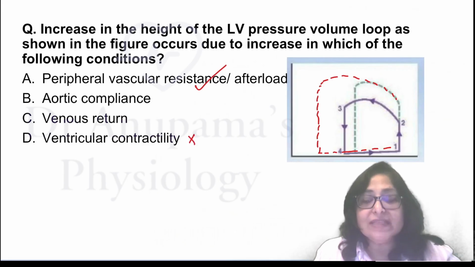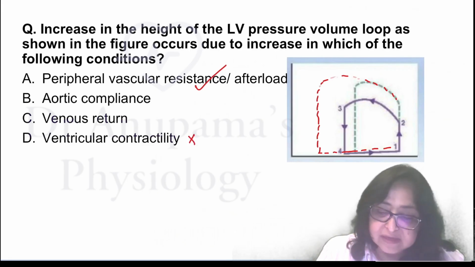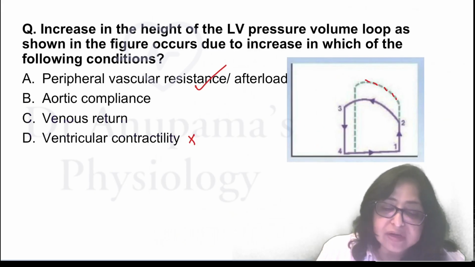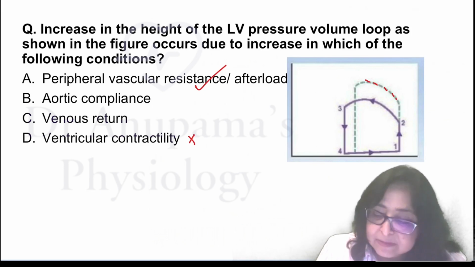If there is an increase in the venous return, what do I expect? I expect the end diastolic volume to increase. If the end diastolic volume increases, point 1 as represented in this diagram will be shifted to the right.